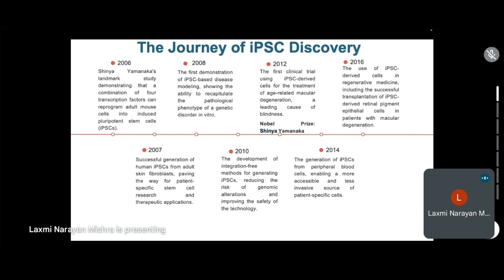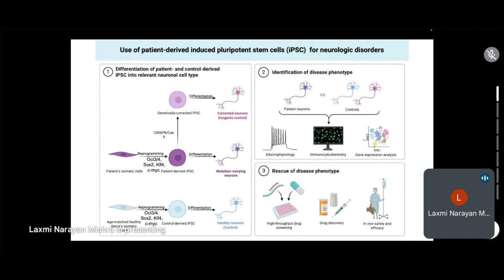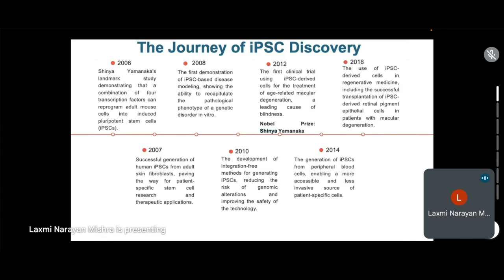And in 2016, the use of iPSC-derived cells in regenerative medicine, including the successful transplantation of iPSC-derived retinal pigment epithelial cells in patients with macular degeneration. This macular degeneration project started in Japan, and she was a very good friend of Yamanaka, and we now call those 4 factors Yamanaka factors.